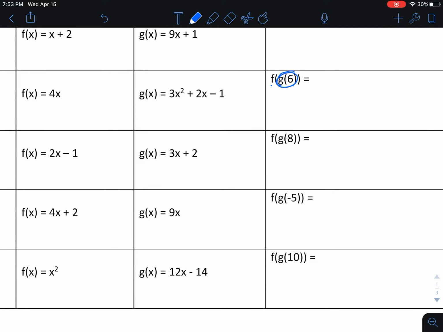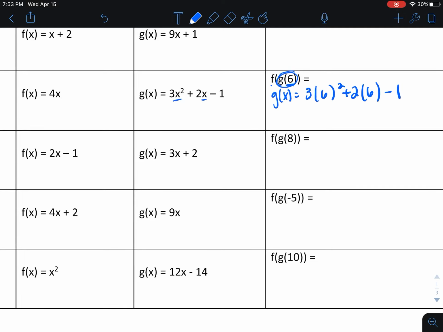So when I plug a 6 into the g function, my g of x equals 3 times 6 squared plus 2 times 6 minus 1. All I'm doing is plugging the 6 in for the x in the g function. Now I'm going to solve this. Remember, order of operations tells us that we do exponents first.